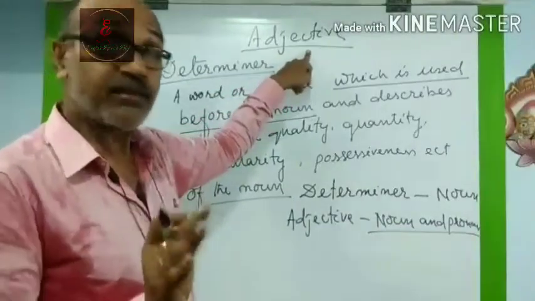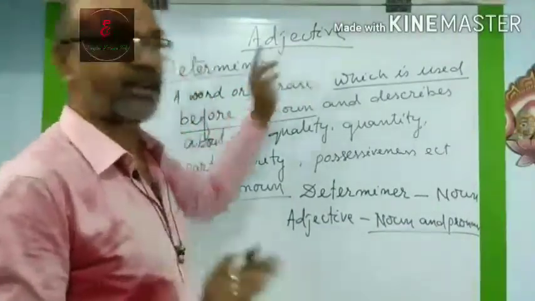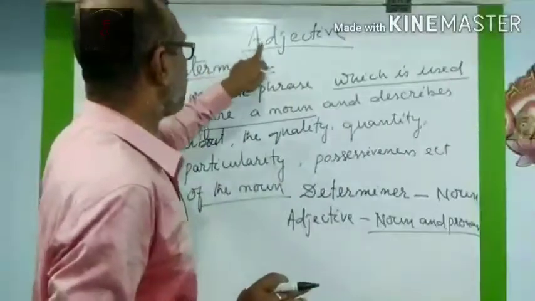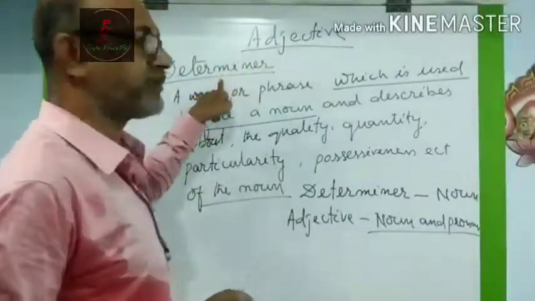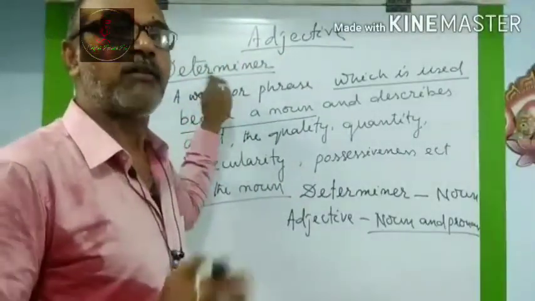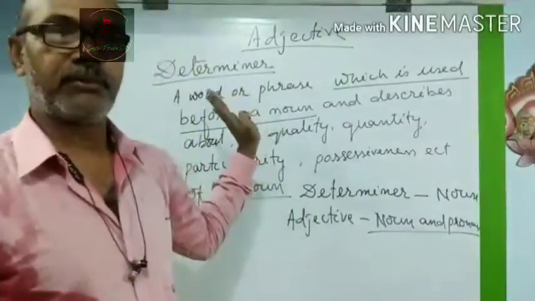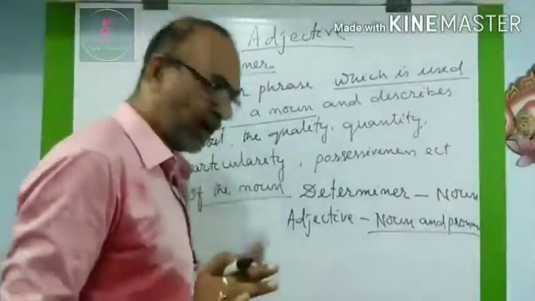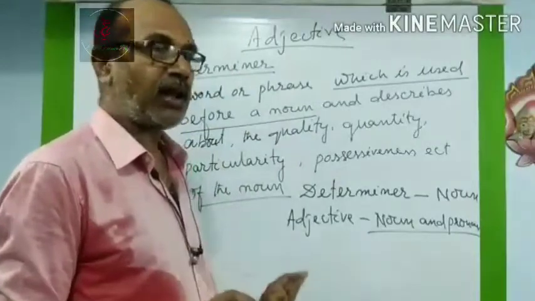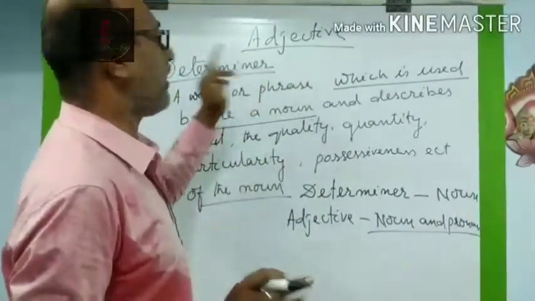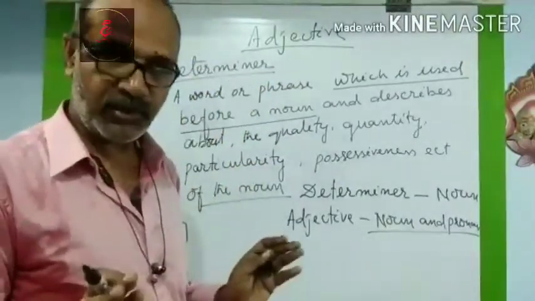But the similarity is that the types of adjective and the types of determiner are the same. So with one we can understand adjective and determiner. Is it clear?